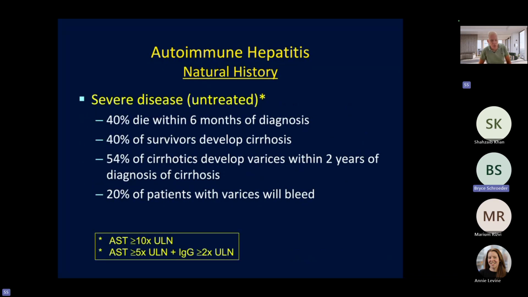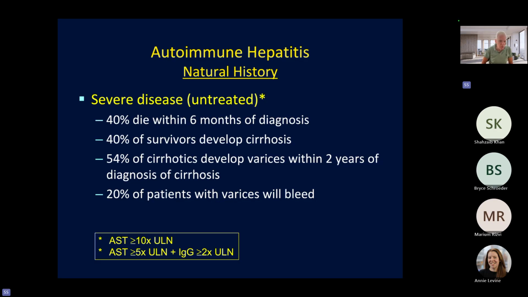So the natural history can be considered as a function of whether one has severe disease, moderate disease, or is relatively mild or asymptomatic. Severe disease, untreated, and how do we define severe disease? It's an AST greater than 10 times the upper limit of normal, or an AST greater than 5 times the upper limit of normal, plus an IgG greater than twice the upper limit of normal.